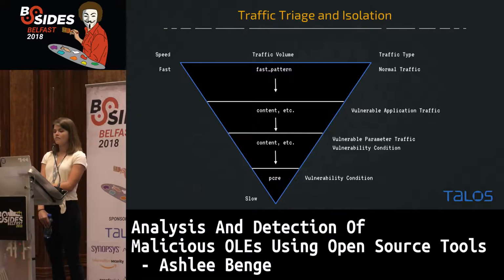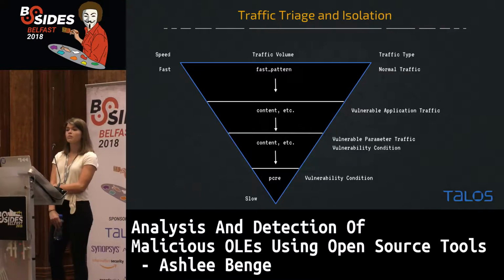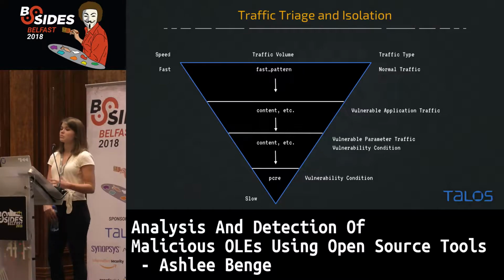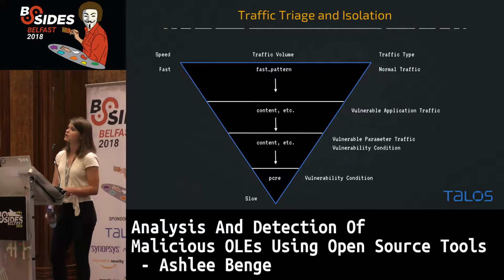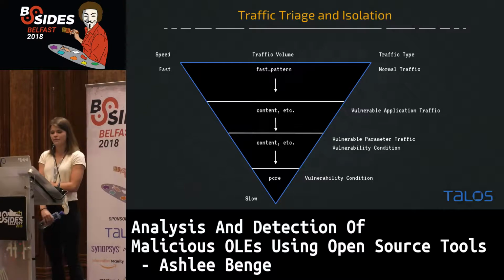We then have things like content matches, the more general ones that we can use to isolate just the vulnerable application traffic. And then we can use the more complicated or more general content matches after our more unique ones to identify just things relevant to whatever vulnerability condition we're trying to identify.